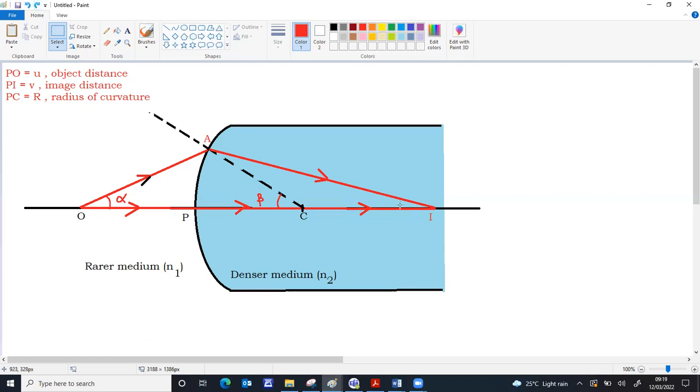The angle made by the image light ray AI with the principal axis is marked as theta. The angle of incidence is the angle made by the incident ray with the normal. Angle of refraction is the angle made by the refracted ray with the normal.